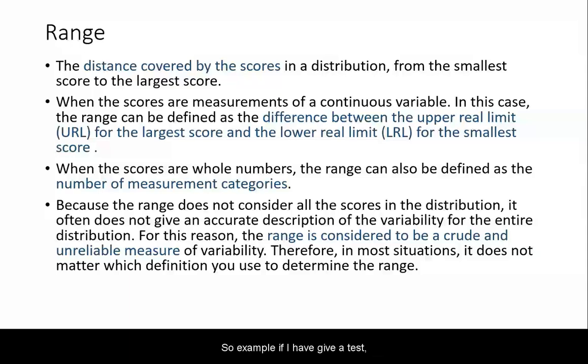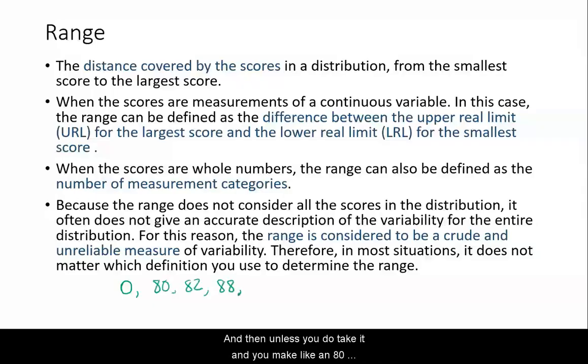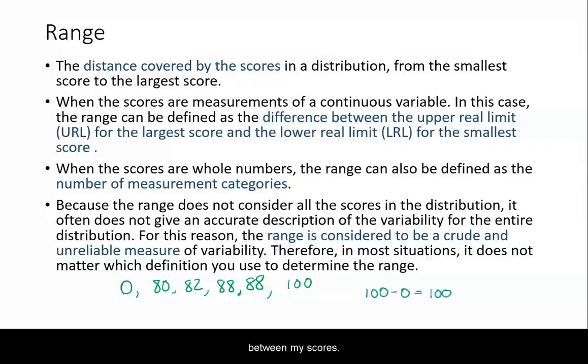So for example, if I give a test, somebody doesn't take it, so they get a 0, and then a bunch of you do take it, and you make like an 80, an 82, 88, another 88, and somebody makes a 100. Great. Well, my range, maximum minus my minimum, my range is 100, which means there's a 100-point difference between my scores.